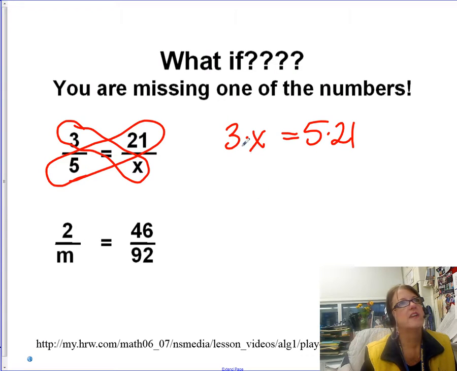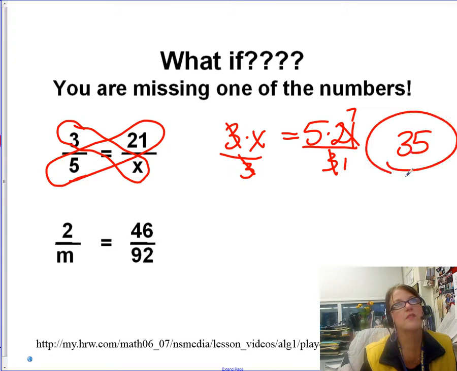Now, in the olden days, to solve this, I would multiply 5 times 21 to get 105 and then divide by 3. I'd look at this and say 3 goes in there 7 times. Now in my numerator, I just get 35, and it works. That's what x is equal to. You might have been able to see on this one, I just multiply by 7, multiply by 7.